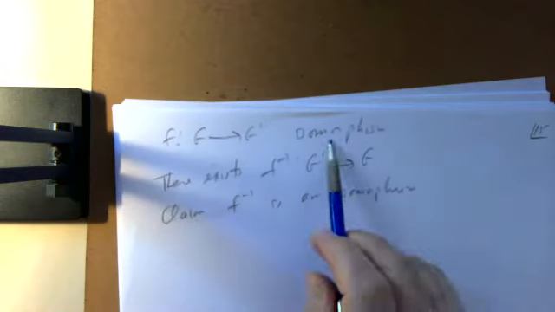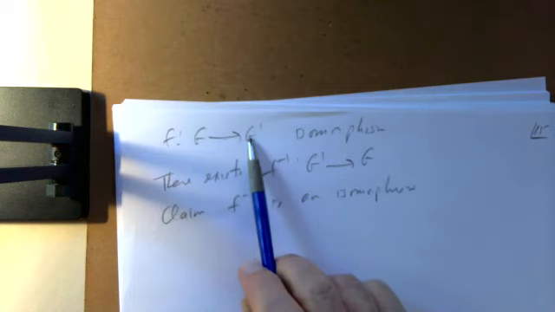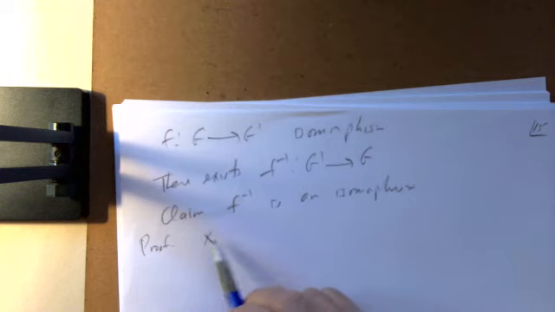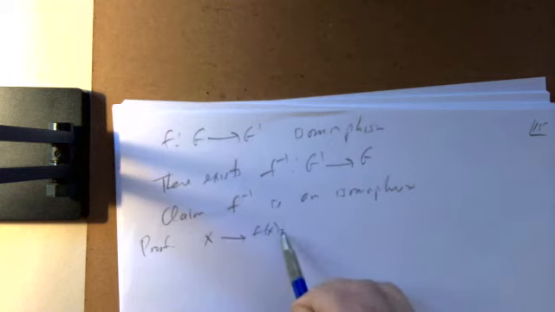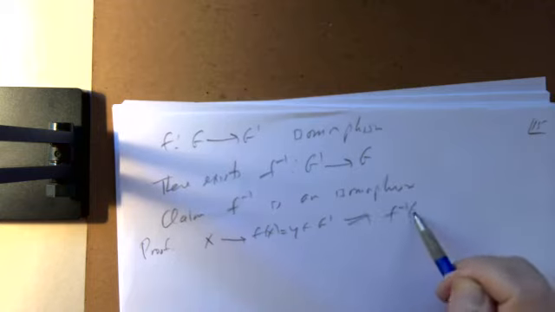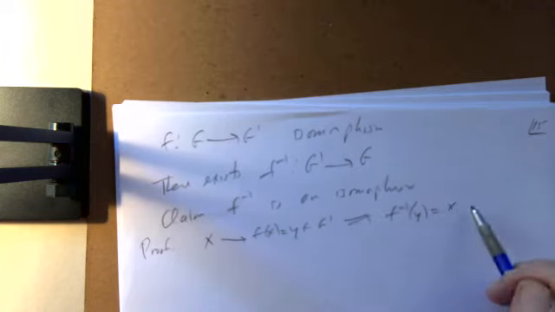So whenever you have an isomorphism from one group to another, the inverse function from G prime back to G is also an isomorphism. So the proof, well, first of all, x always goes to f of x, which is some y in G prime. So f inverse of y is equal to x.